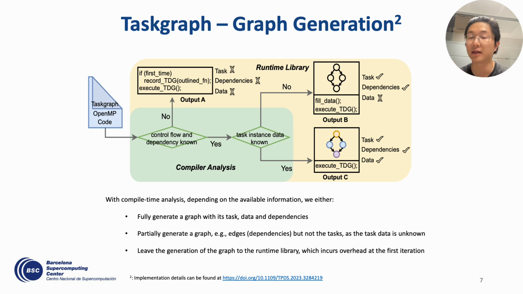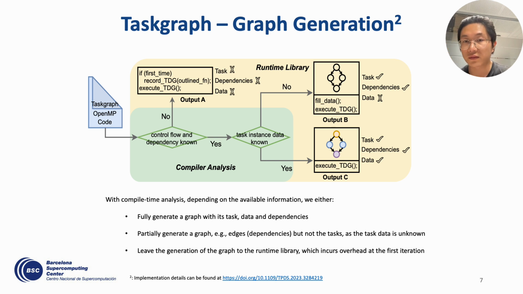Everything is basically known at compile time. Then in this case, we can generate a complete task graph. So at runtime, when we encounter the Taskgraph directive, we can right away start to replay the statically generated Taskgraph instead of recording it.